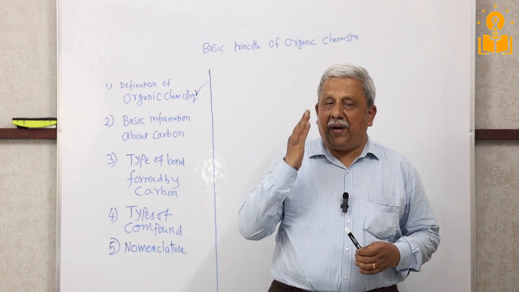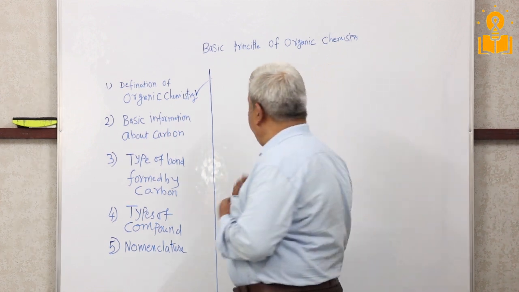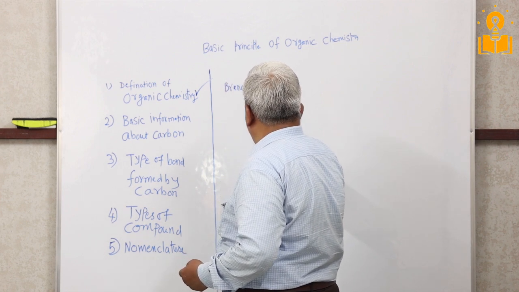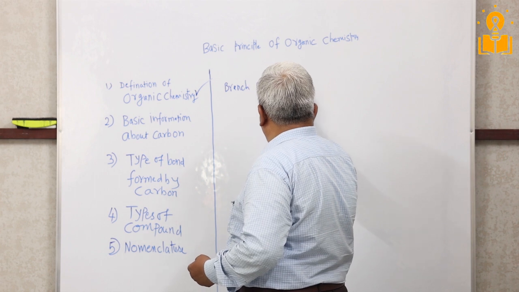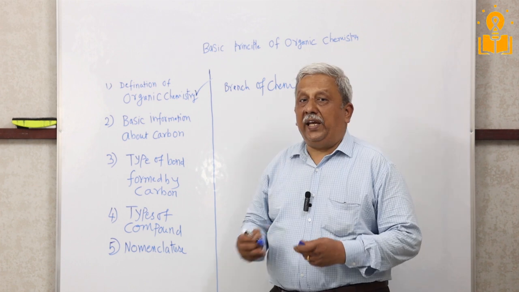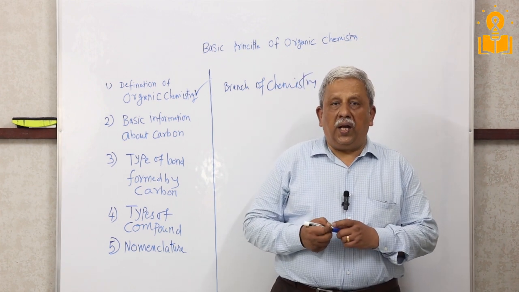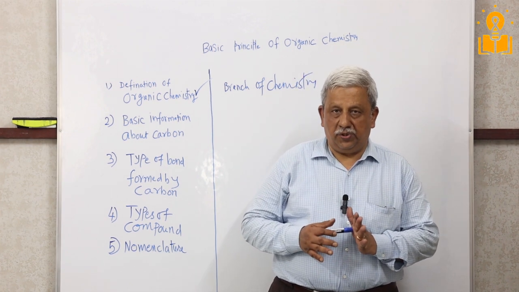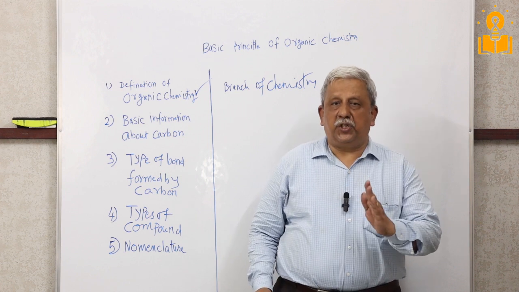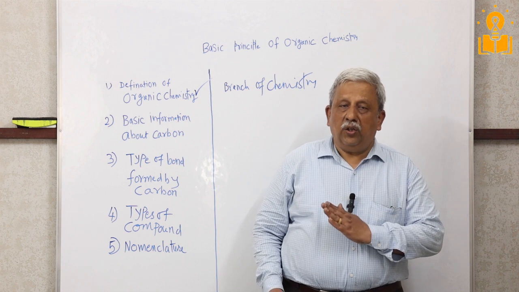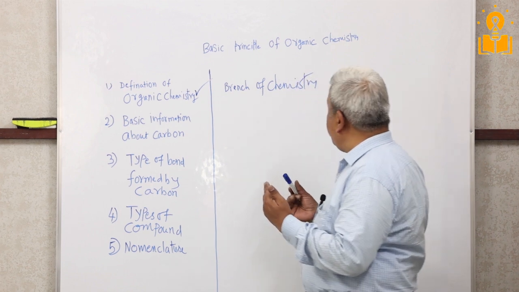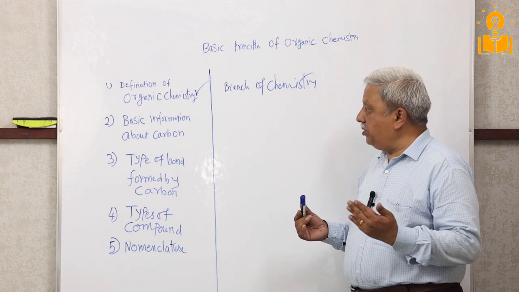Organic chemistry is a branch of chemistry which deals with carbon and carbon compounds. So this is the basic definition of organic chemistry. It is the chemistry of carbon and carbon compounds.